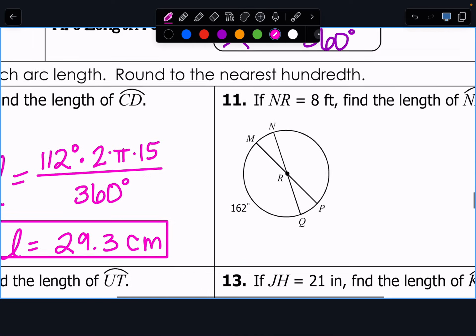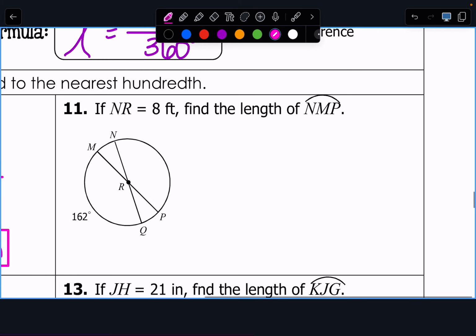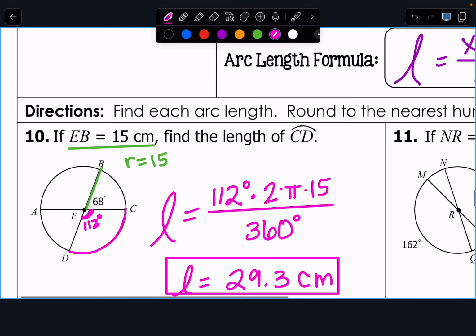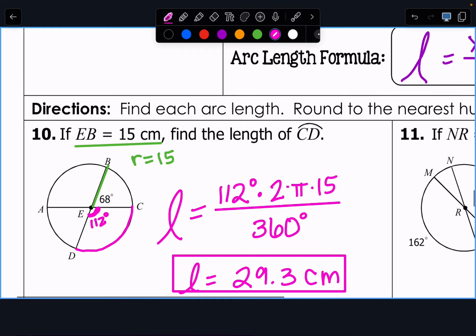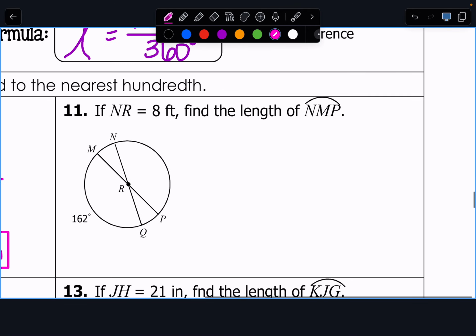Okay, so let's do number 11, so it makes more sense. Let's look at number 11. I want the length of NMP.